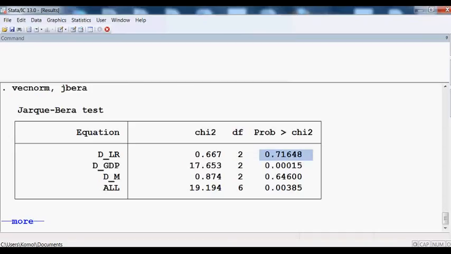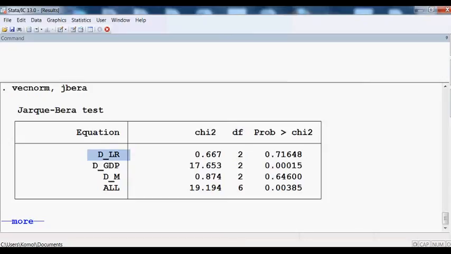And here the p-value is more than 5%. So we cannot reject the null hypothesis. Rather, we accept the null hypothesis, meaning that for our model, which is DLR, the residuals are normally distributed. So we are happy about it because that is desirable.